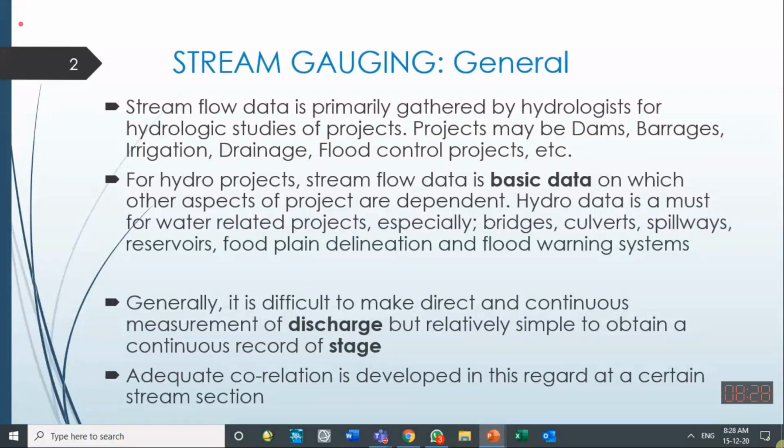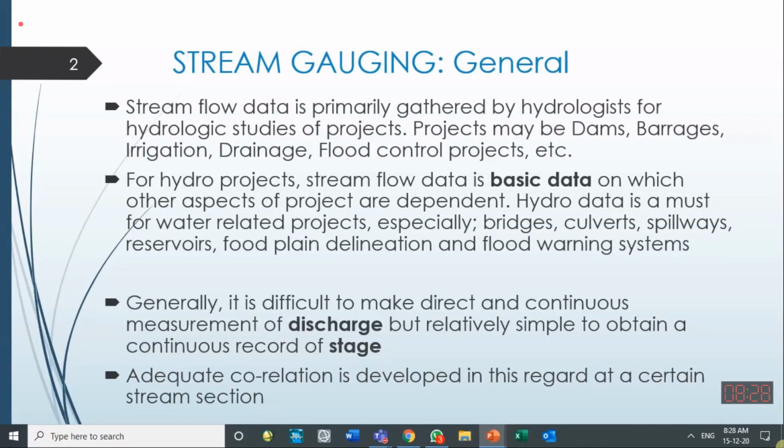Hundreds of stream gauges are run in the country, in Pakistan also. If I tell you, the largest department looking after the streams in the northern part of Pakistan is WAPDA. They have a special directorate, they call it Surface Water Hydrology Project, SWHP.